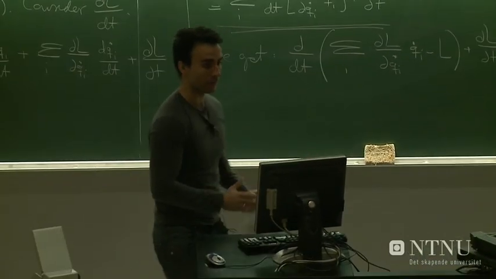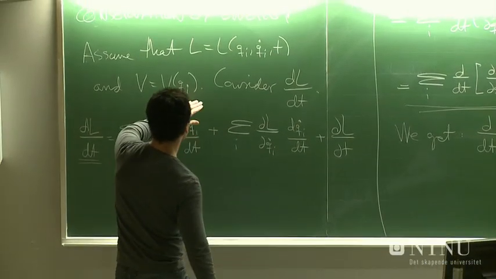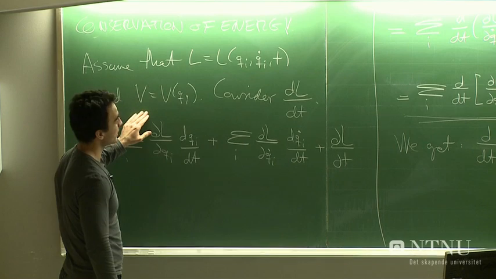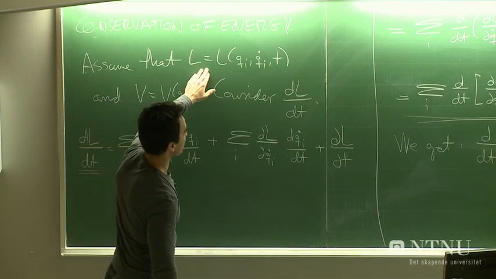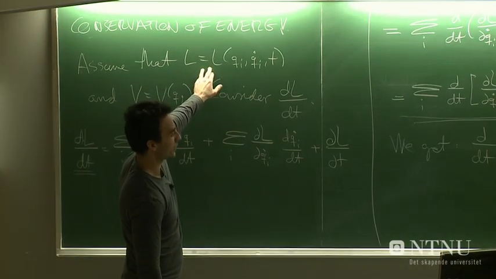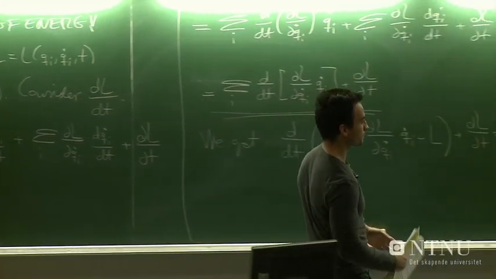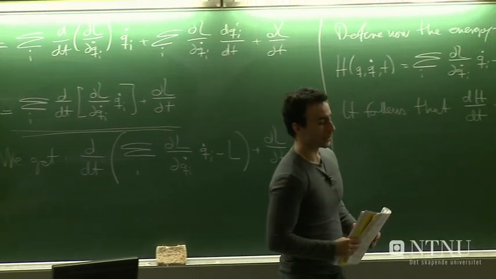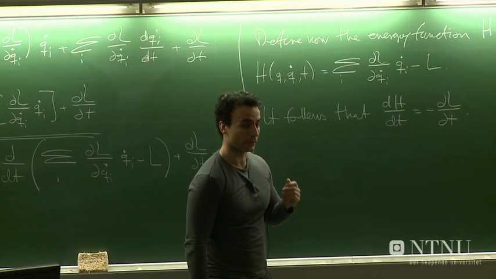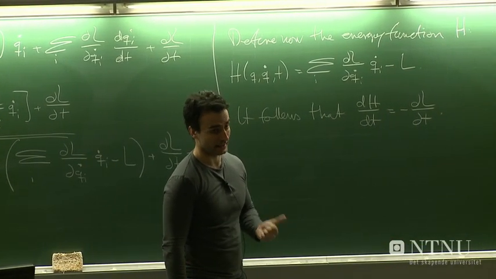The only assumptions we made was to have a position-dependent potential and a quite general Lagrangian, which could depend on the generalized coordinates, their time derivatives, and possibly time. What we're interested in seeing now is what happens if we assume that Lagrangian is actually time independent.